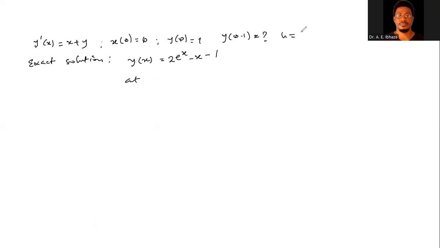Since we have been given the step size, the time step, to be 0.1, right? Where x tells the time step. Now, at x equal to 0.1, the exact solution for y of 0.1 would be the same as 2e^0.1 minus 0.1 minus 1.